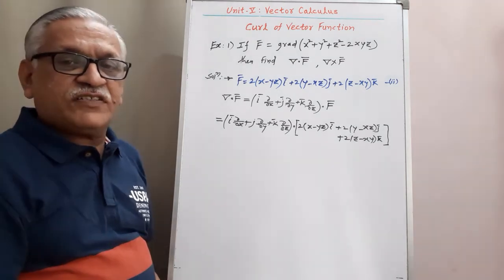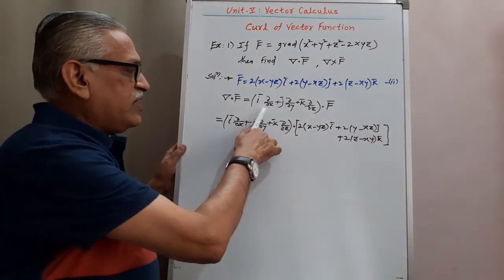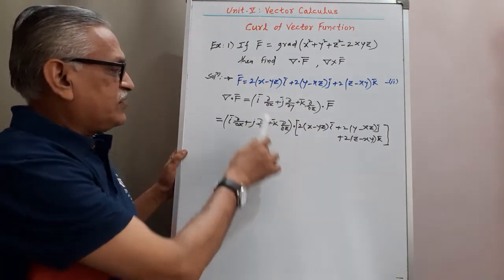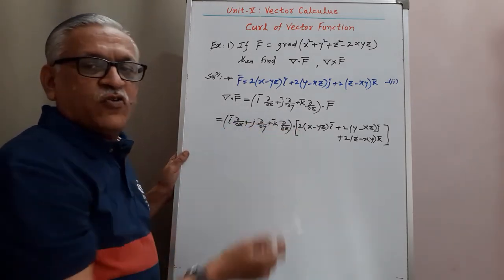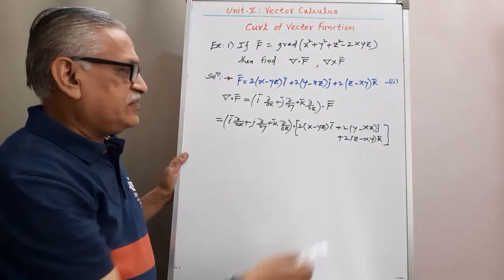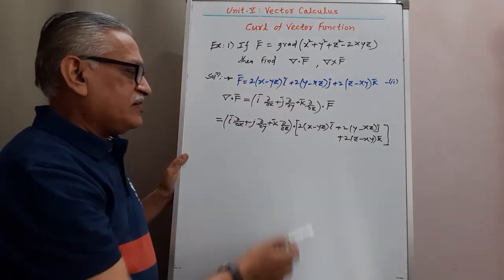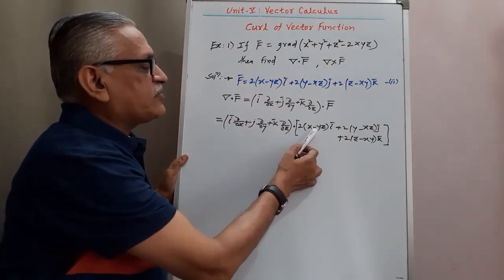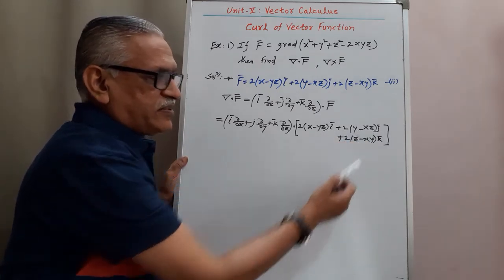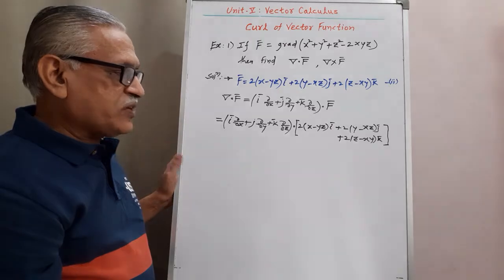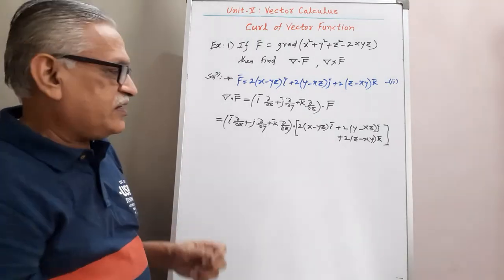Then divergence of f bar is del dot f bar, substituting the value of del operator as i dou by dou x, j dou by dou y and k dou by dou z, and dot product with f bar, and that f bar is 2 times x minus yz into i plus 2 times y minus xz into j and plus 2 times z minus xy into k.